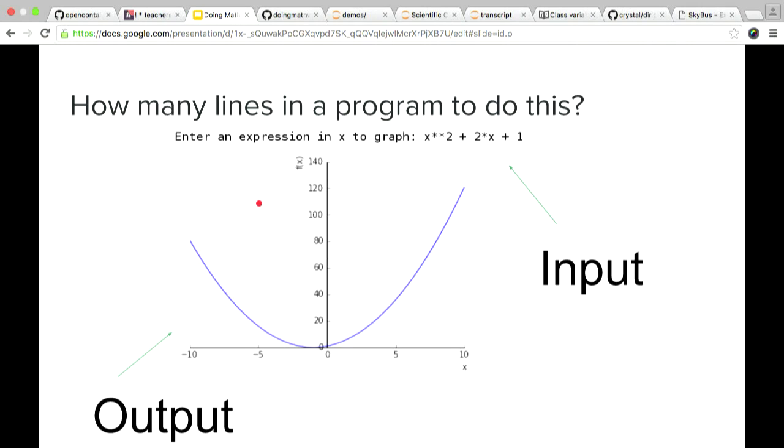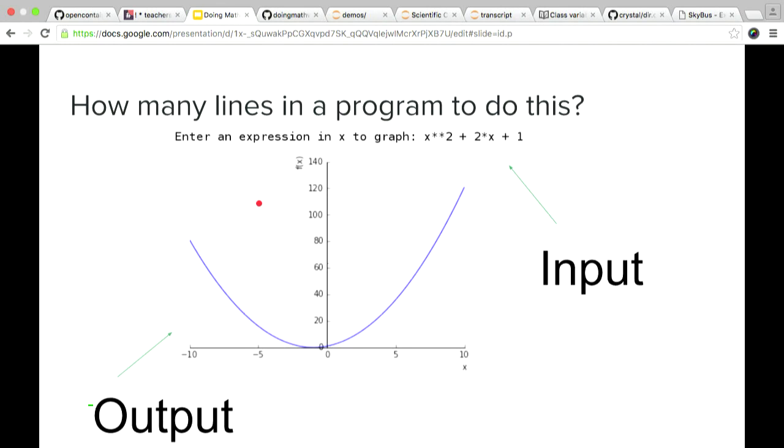Would you load up matplotlib and then above that just the basic linspace? Yeah, that would be one approach, which is to generate these numbers in a certain range and then plot it. I don't know how many lines that will take.